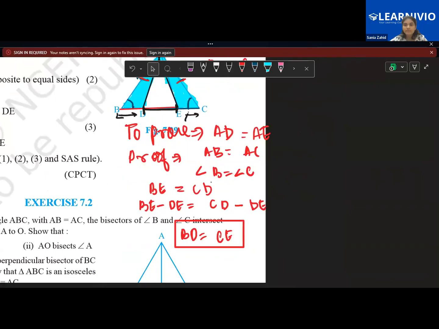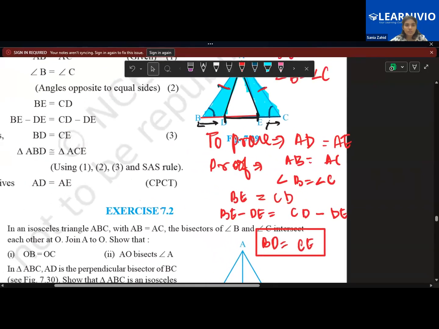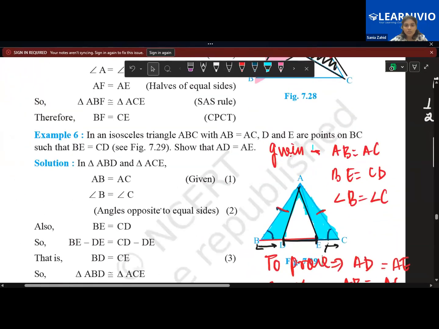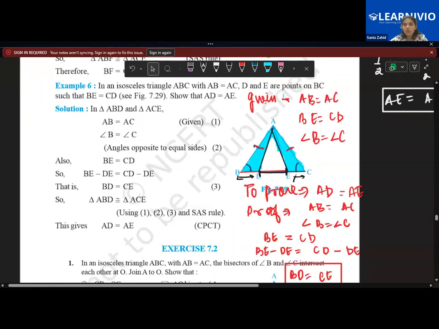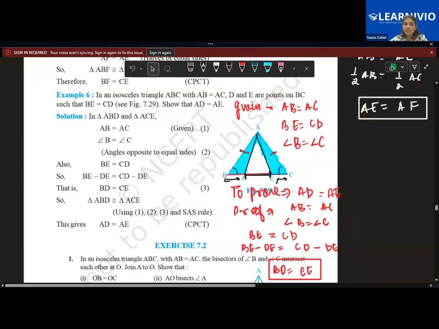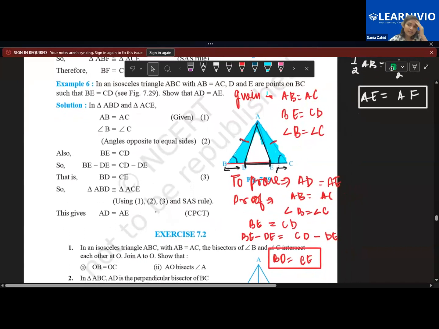So children, you can do it like this. Quickly do this question and tell me if you have doubts. For the examples, you will take screenshots. For the exercise questions, I'll give you time to take a screenshot, all of you. And if anybody didn't understand, I can explain again.